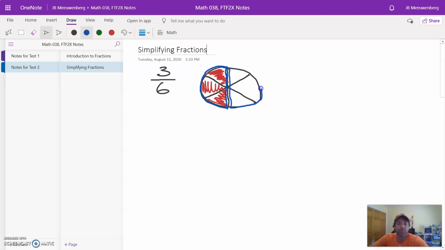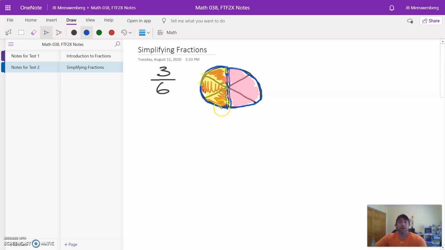So if I take my blue marker and highlight it like that, outline it, what I see is I have this section over here, which is all shaded in, and this section over here, which none is shaded in.